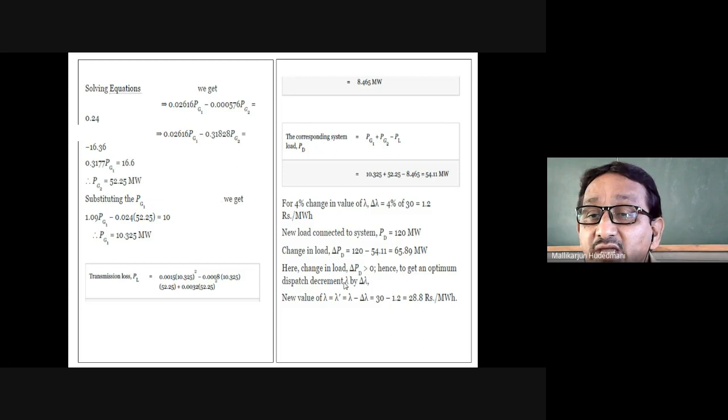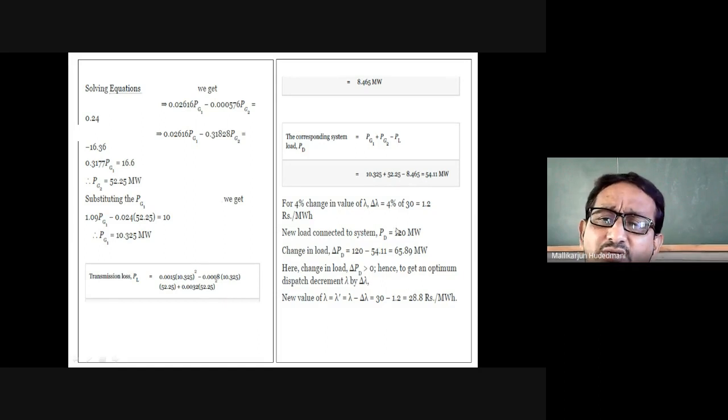Hence, the change in load is greater than 0. Hence, to get an optimum dispatch, lambda should be decreased, so that it will come to a value of 30 minus 1.2, which is 28.8 rupees per megawatt hour.